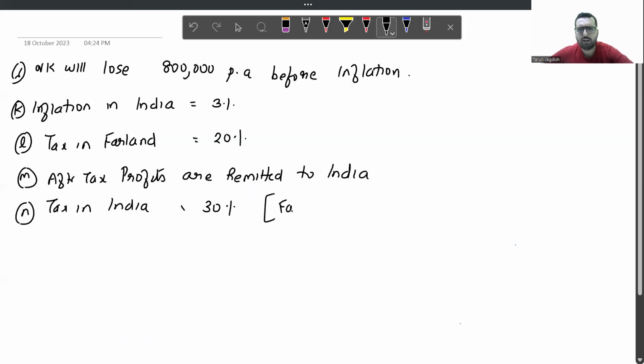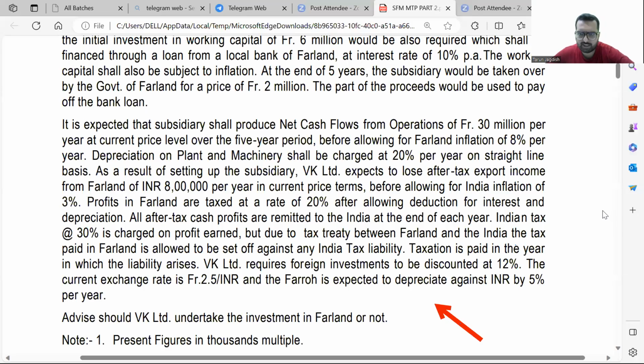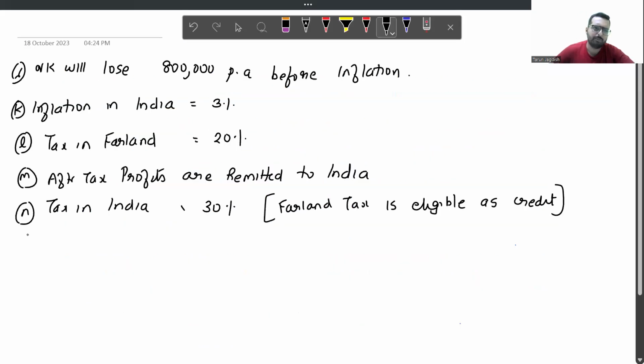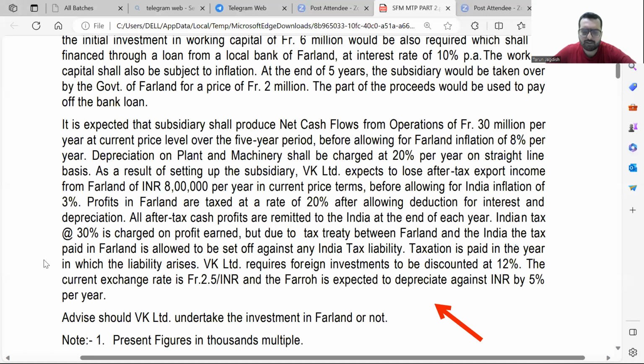So here, Farland tax is eligible as credit. Tax is paid in the year in which the liability arises. So paid in the same year. Okay, what's the last part?